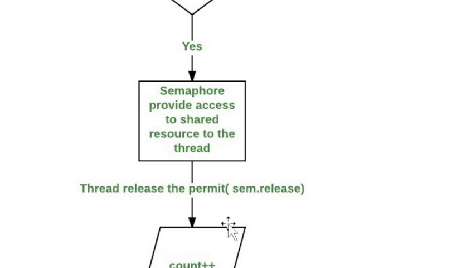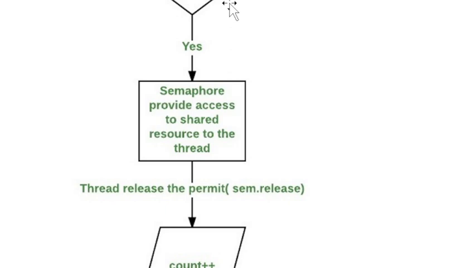So this is the overall theoretical part of the semaphore: what it is, when it is used, and how it works in real time. In the next video I will do a program showing how the counter is used in the semaphore.